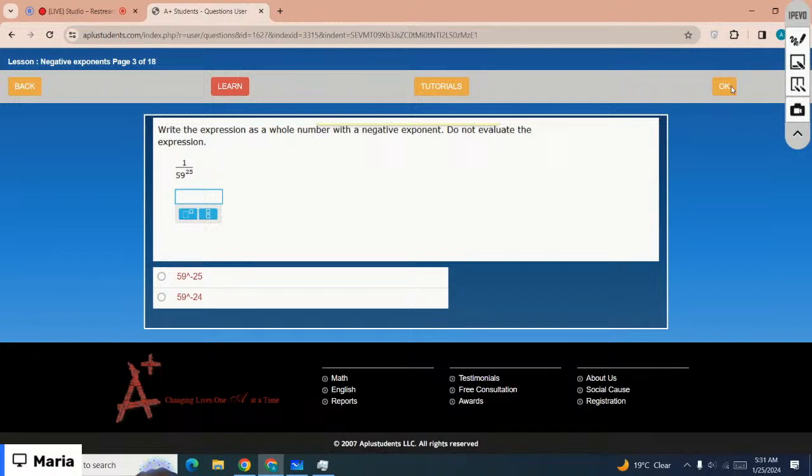You have to make the exponent negative. You can write it in numerator. That would be option number 1, 59 exponent negative 25. Nothing is changed. No change in base, no change in exponent, just the sign of the exponent.